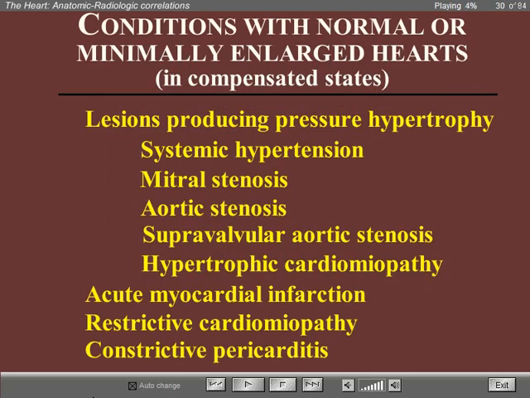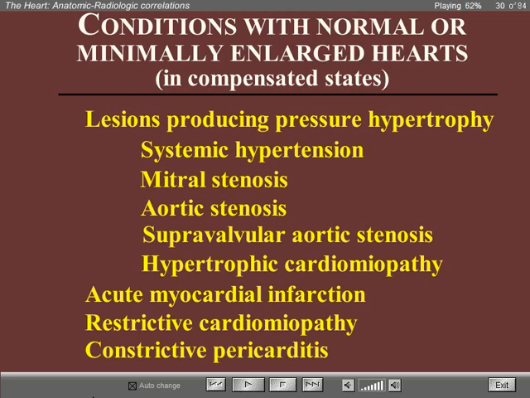Conditions with normal or minimally enlarged hearts in compensated states include lesions producing pressure hypertrophy. In pressure hypertrophy, a chamber is fighting against a peripheral resistance. For example, aortic stenosis causes pressure hypertrophy of the left ventricle, or in mitral stenosis the left atrium becomes hypertrophied as a result of a stenosed mitral valve.